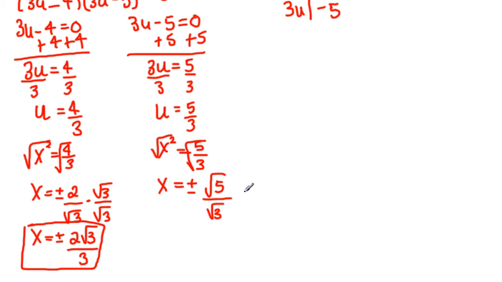I can't leave my answer like this. I must multiply the top and bottom by the square root of 3 to rationalize it. And we get our final answer. X equals plus or minus the square root of 5 times the square root of 3 is the square root of 15. 3 times 3 is 9, and the square root of 9 is 3.